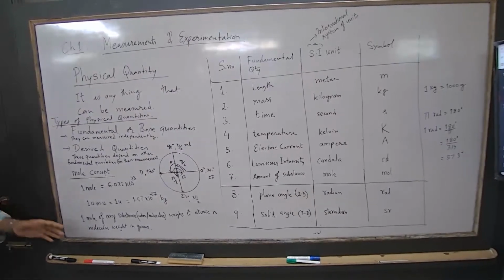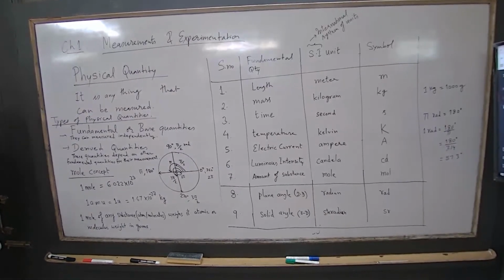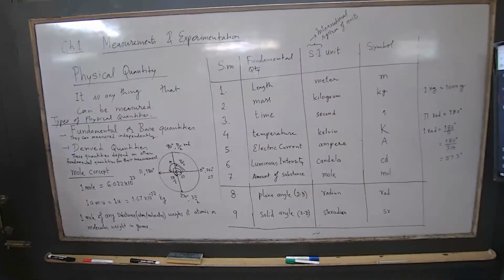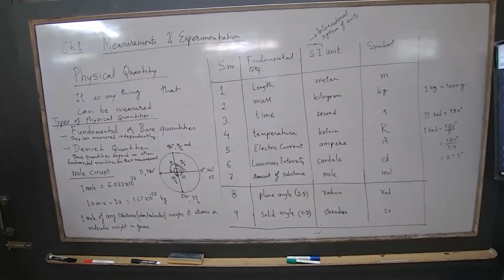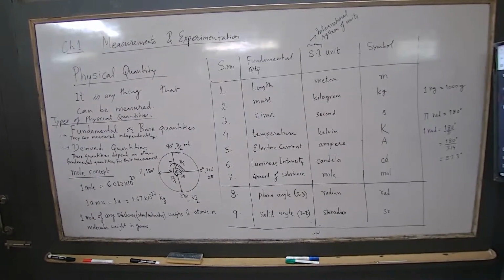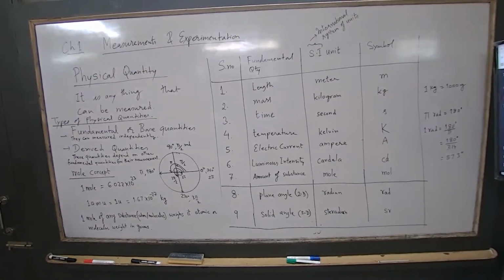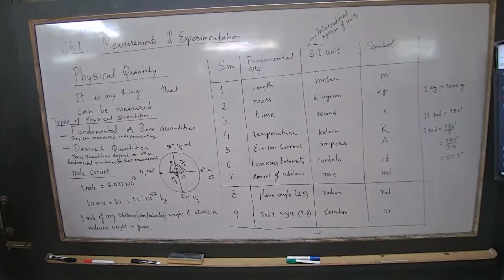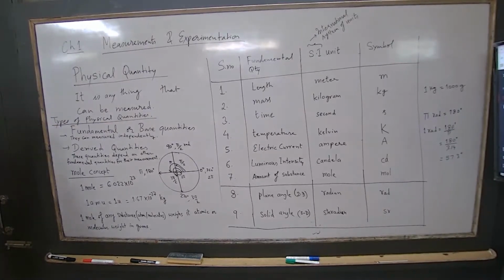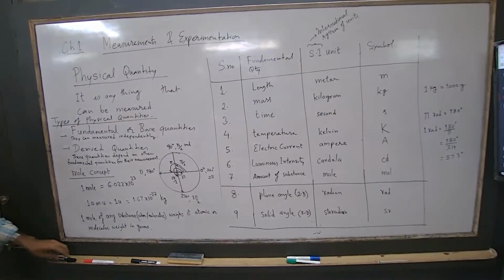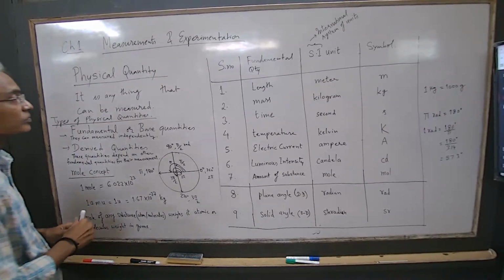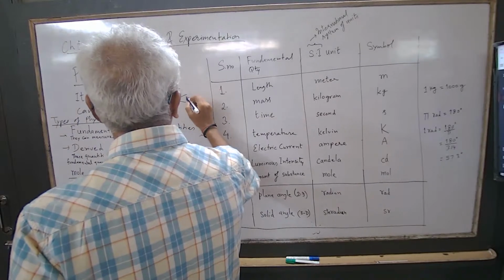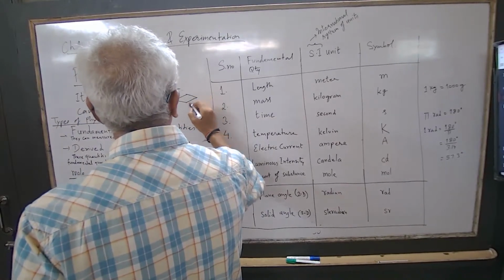Okay, solid angle, 3D angle. Any idea what could be a 3D angle? Cube is a 3D object. Let's say this is a cube.